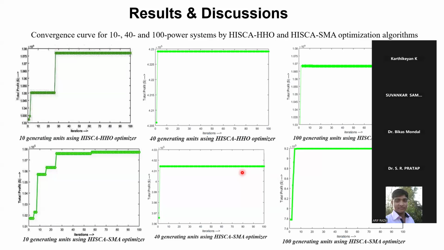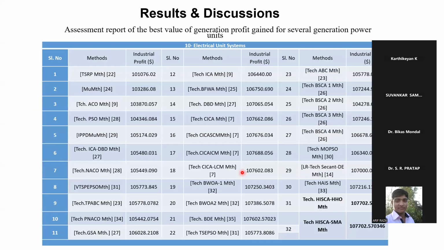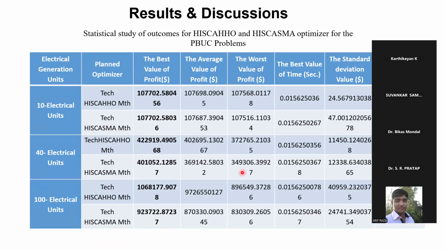Every time we use an optimizer, we get a convergence curve for testing purposes, whether our optimizer is good or bad, so we can easily find out. Here, using the 100 generating units, the bold number is our best profit.